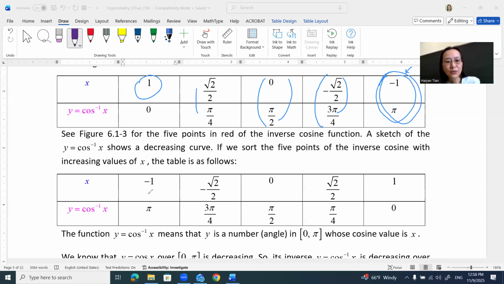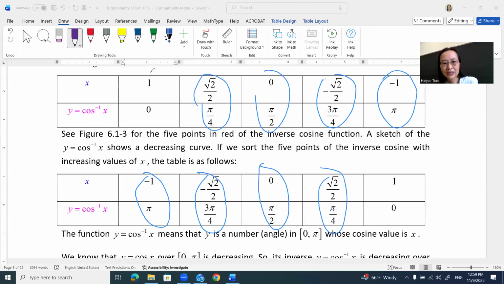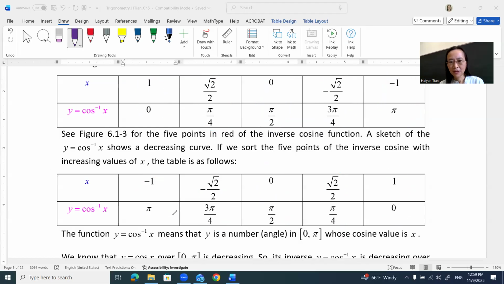We still have the same 5 points. The only difference is that this ordered pair is placed at the beginning of the table. Then gradually with x increasing, each ordered pair is still there, and this is the last ordered pair. So we just reversed the list of ordered pairs, which means the same 5 points.